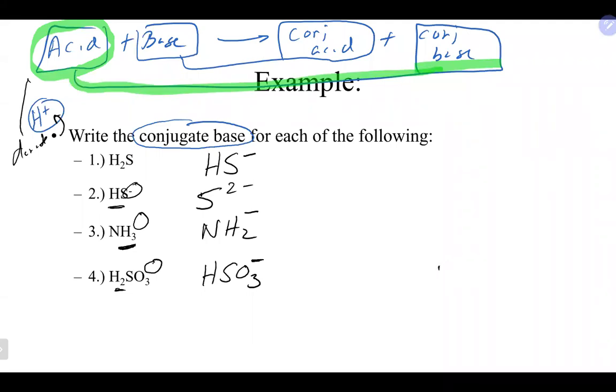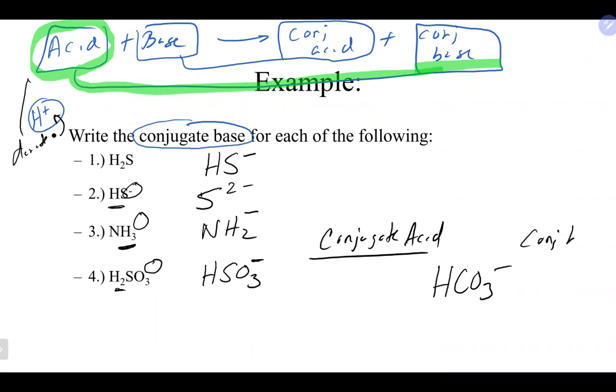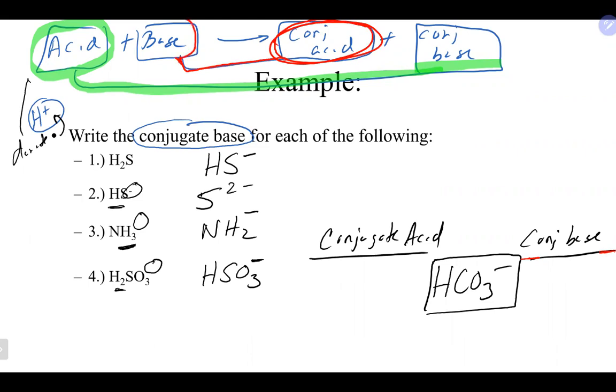Now, when you do have something that is amphoteric, say like this one, why don't you write the conjugate acid for it, and also the conjugate base, starting with bicarbonate in both cases. We'll start with the conjugate acid. If we're looking to end with the conjugate acid, we can use the same thinking and go backwards.